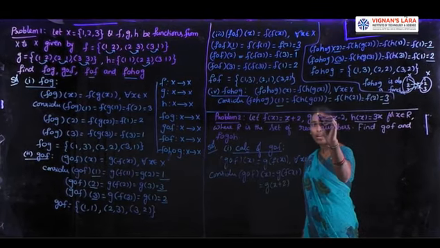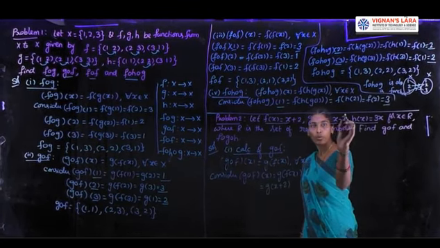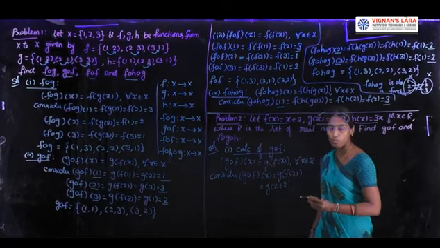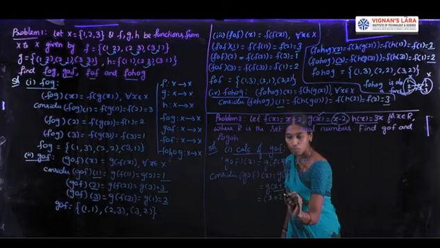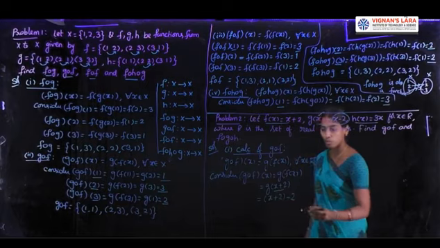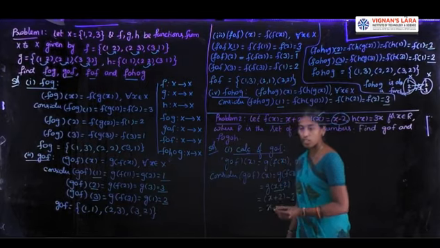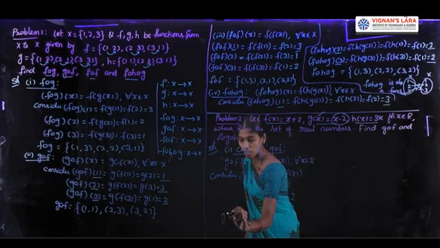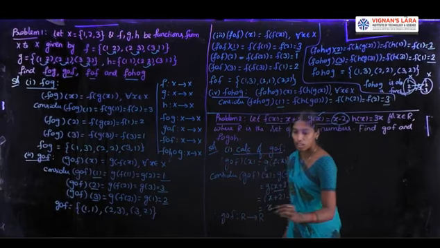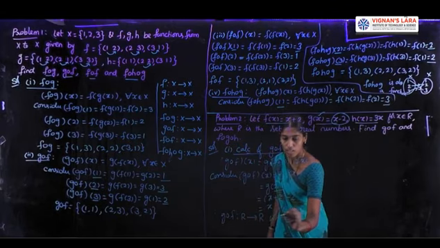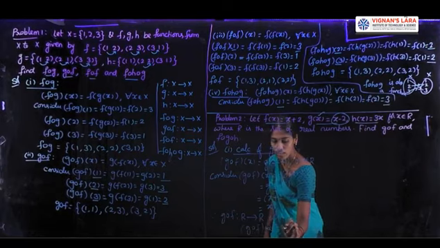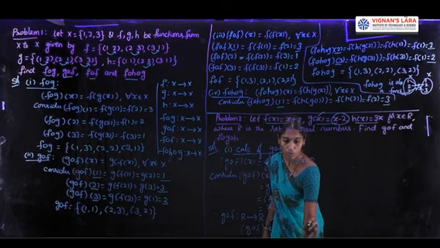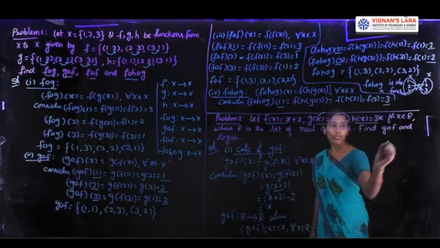If G of x is there, this x is mapped to x minus 2. Here inside the bracket x plus 2 is there. We need to write x plus 2 minus 2, which is equal to x. Therefore, we can say that G circle F is also a function from R to R, which is defined as G circle F of x is equal to x for every x belongs to R. Right? So this is completed.